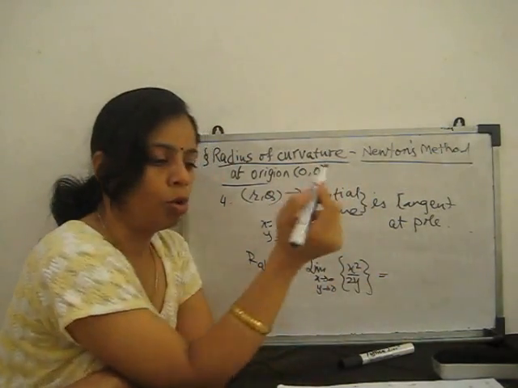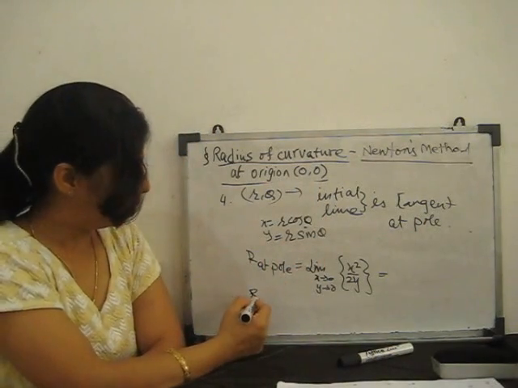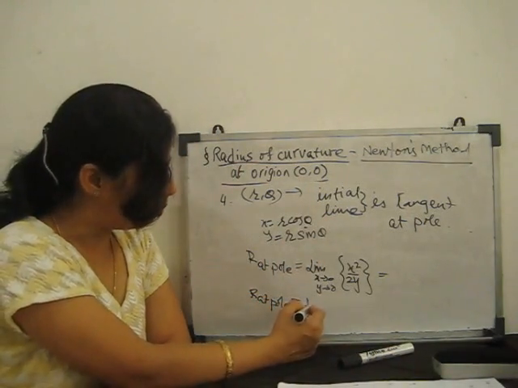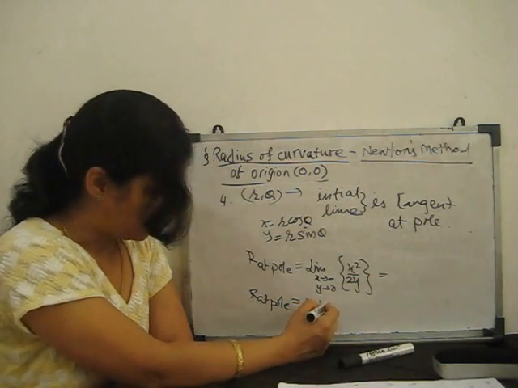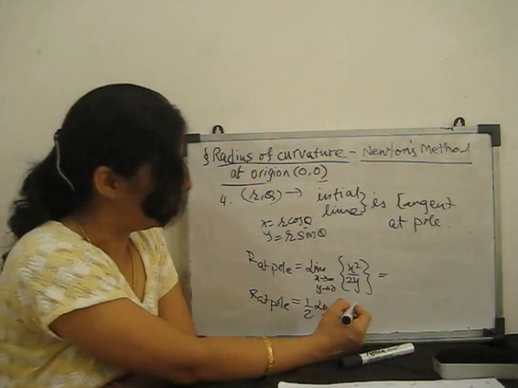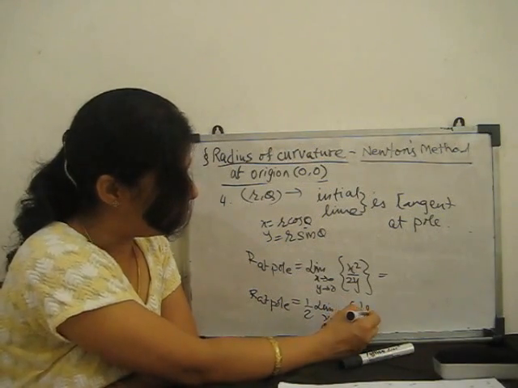Now convert, so it gives r at the pole; substitute the values. So it gives 1 by 2 of the limit as r tends to 0, theta tends to 0, of r square upon (d r upon d theta).